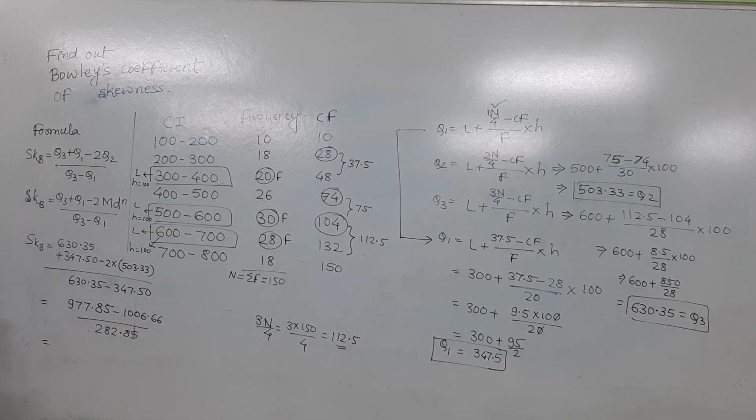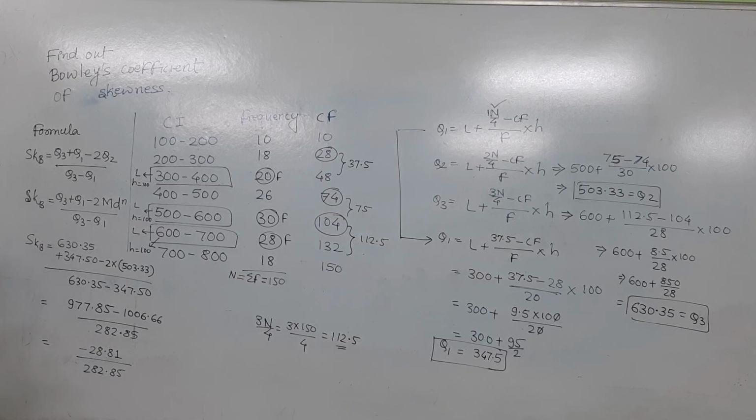Just have to calculate. 977.85 minus 1006.66 will be minus 28.81, whole divided by 282.85.